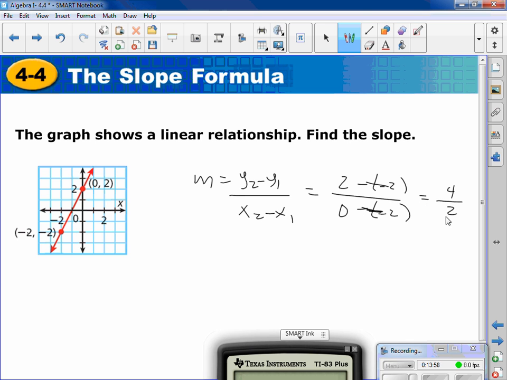What's 4/2? 2. Now, if you remember from the last section, we looked at to find the slope. Didn't we make a triangle? We made a triangle. How many boxes do I have? 1, 2, 3, 4. How many boxes do I have here? Those numbers look familiar.